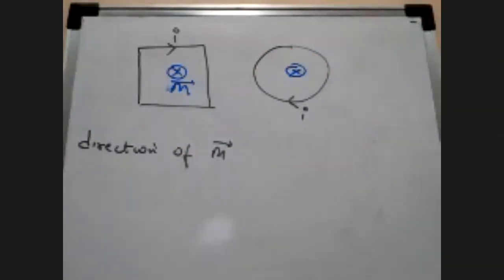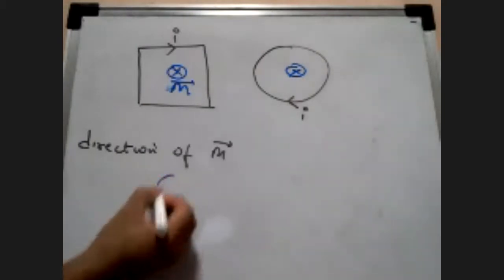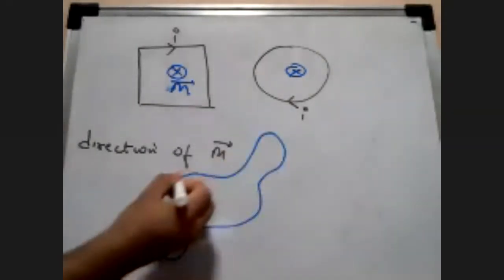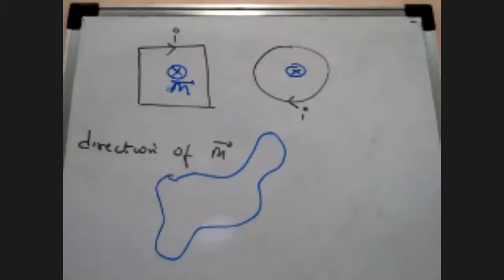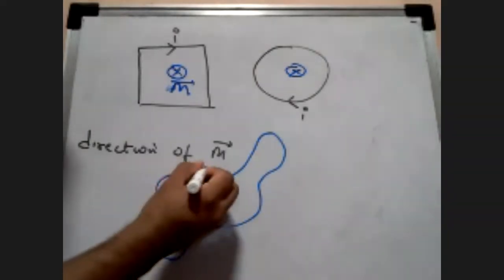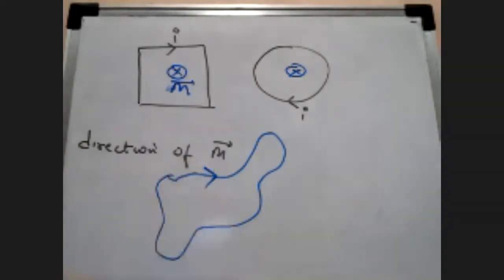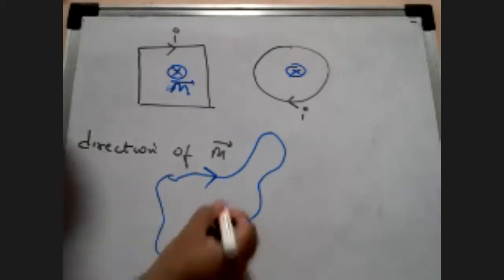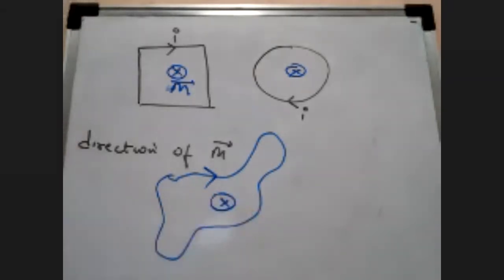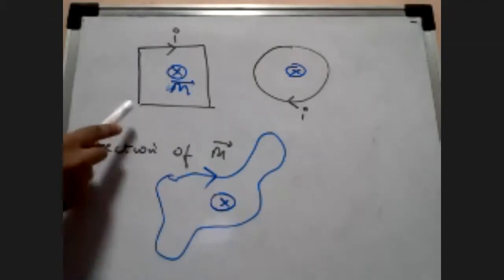And now for an arbitrary shaped loop, if my current is like this, where is it going to be? Inside again. So for any type of shape, it doesn't matter.